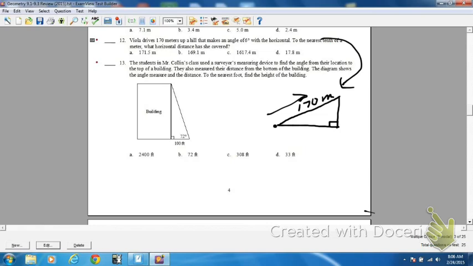And the angle that she's making is 6 degrees. We want to know to the nearest tenth what's the horizontal distance. So this is the horizontal distance here.